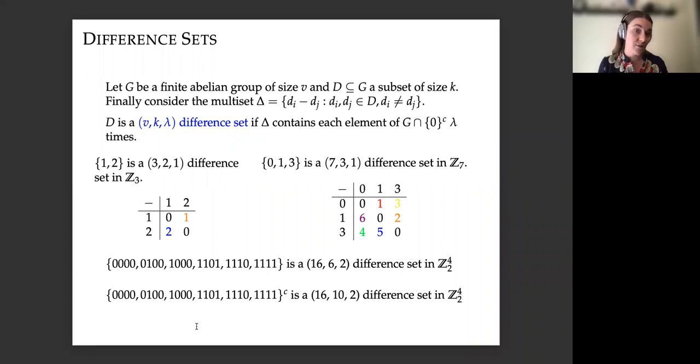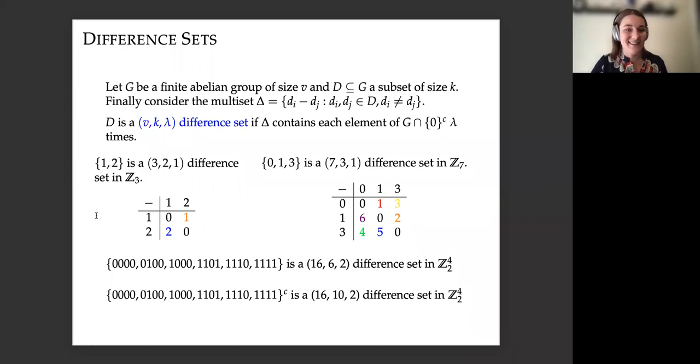Since G is abelian, I'm writing differences because I'm writing the group operation additively. By multi-set, I mean if an element can be written a few different ways as a difference of distinct elements, then that would be counted multiple times. We say that the set D is a (v, k, lambda) difference set if the multi-set of differences contains each non-identity element of our group lambda times.